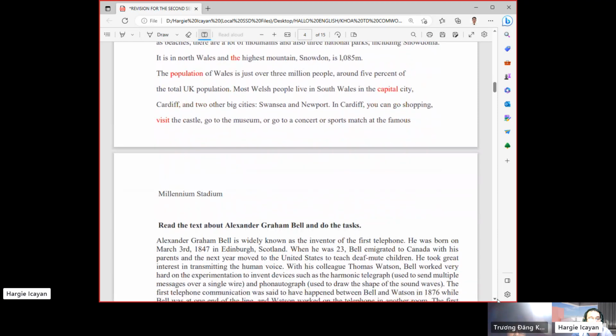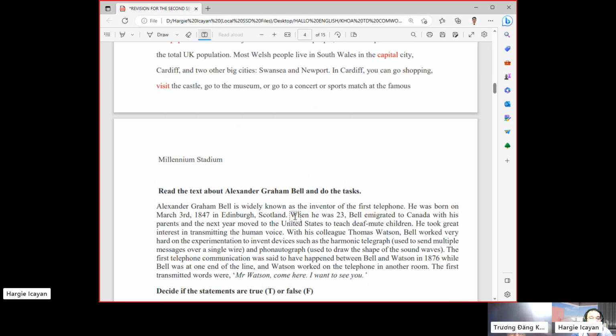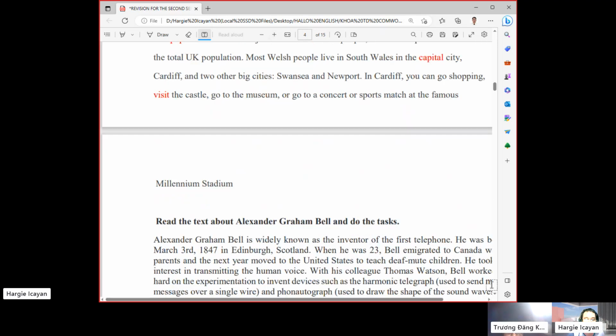Okay, now moving on. Try to read this particular text. I'm going to give you 2 minutes to read this one. Can you zoom it?